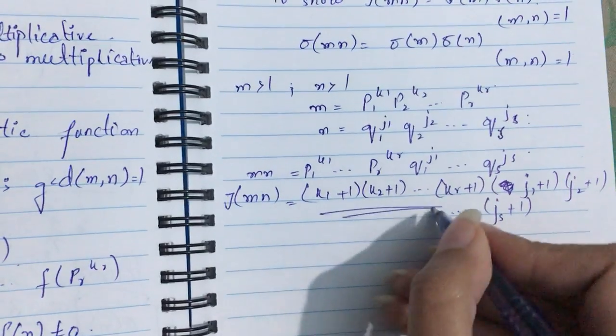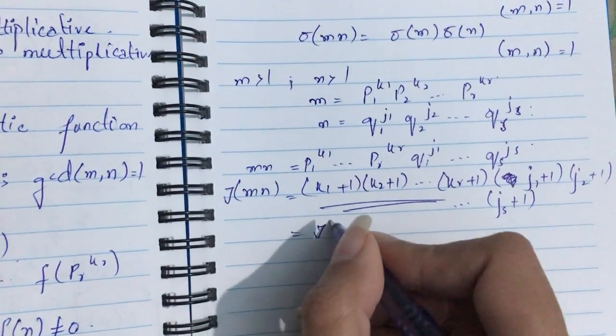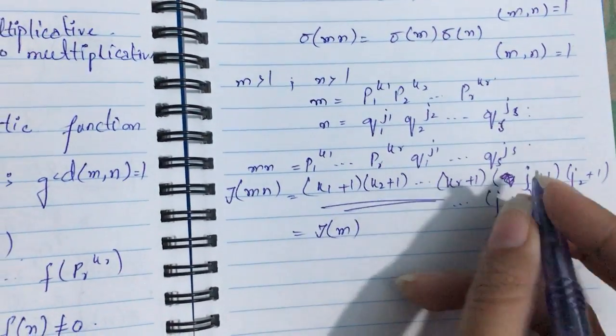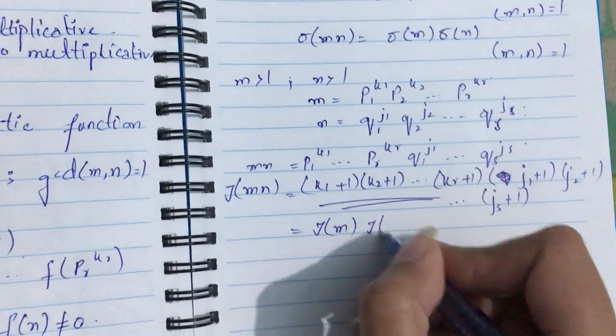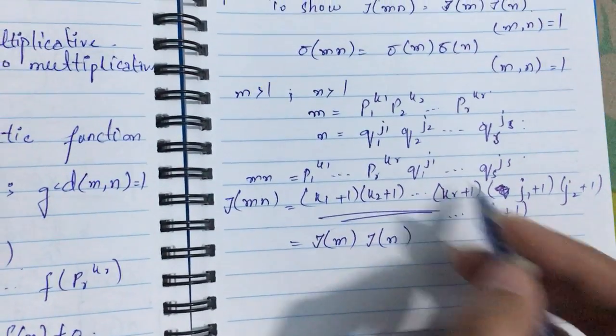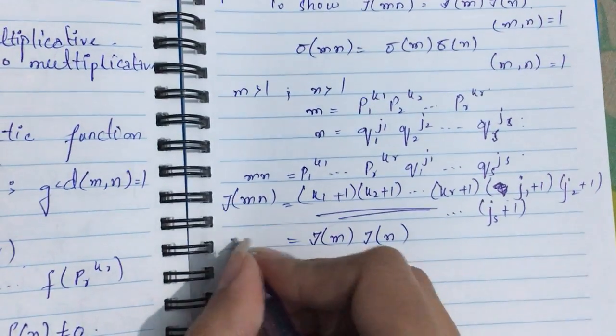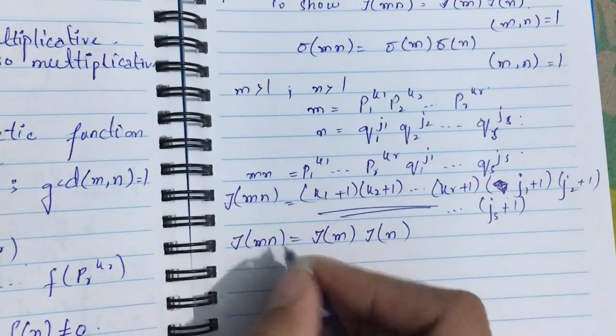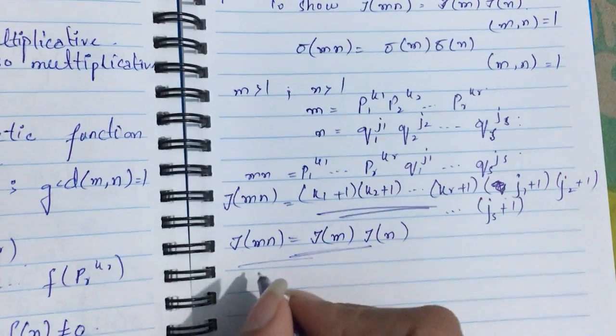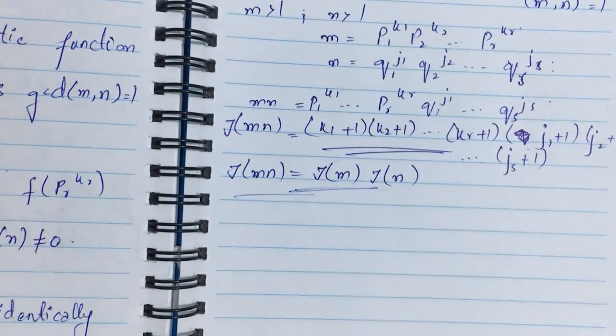This is the formula for tau of m, and this is the formula for tau of n. So tau of mn can be written like this, so this is a multiplicative function.